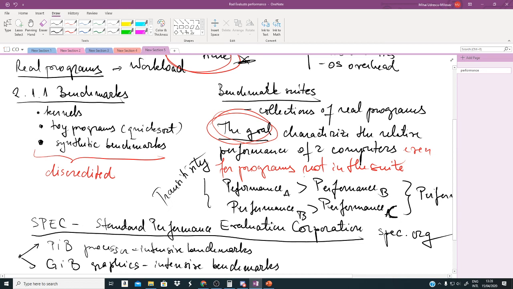Obviously, we're interested here in processor-intensive benchmarks, and to that end, SPEC has created benchmarks.